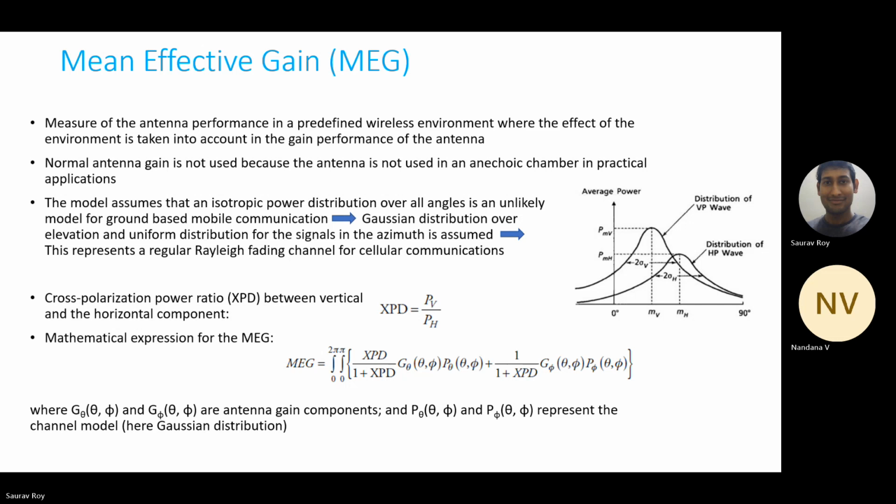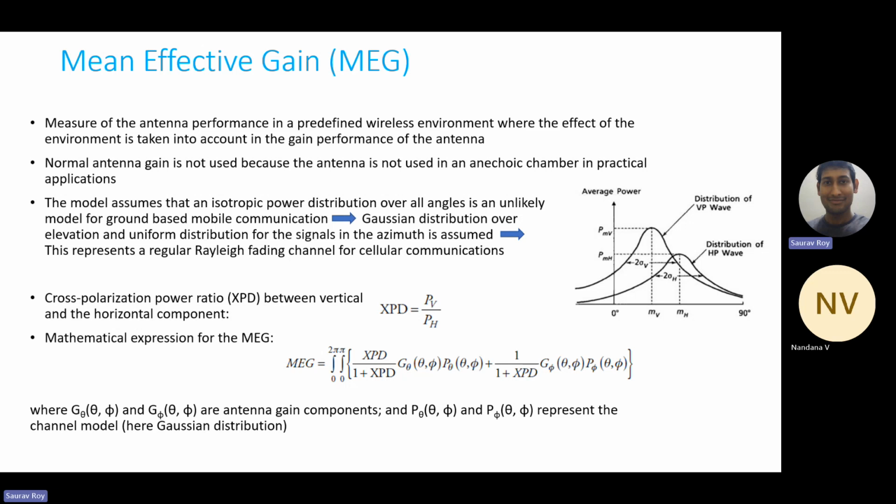Rayleigh distribution has multiple channels whose components have Gaussian distribution. Gaussian is the normal distribution. If you see this picture, let's say our antenna generates 2 different patterns: V is vertical polarization and H is horizontal polarization.